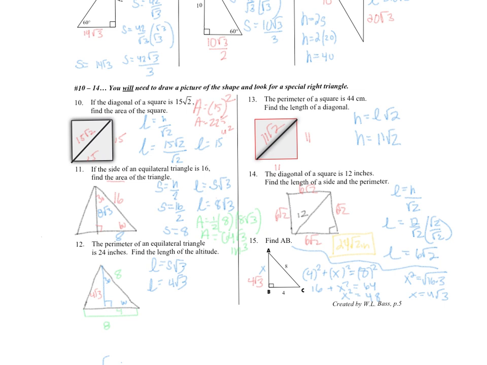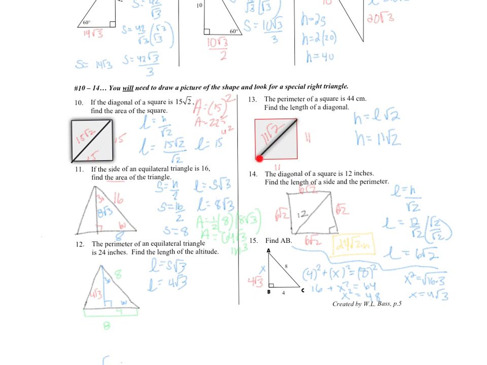In number 13, the perimeter of the square is 44. So what we know about a square is that we have these sides that have the same measurement. If it's 44, we divide by 4. That means each one of them are 11. We need to find the length of the diagonal.